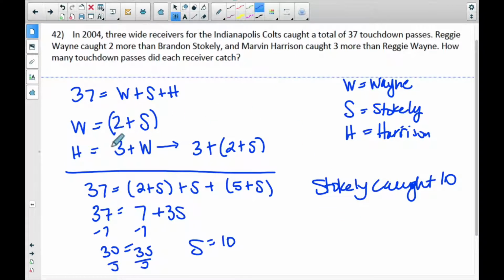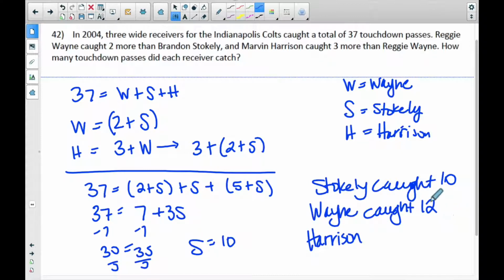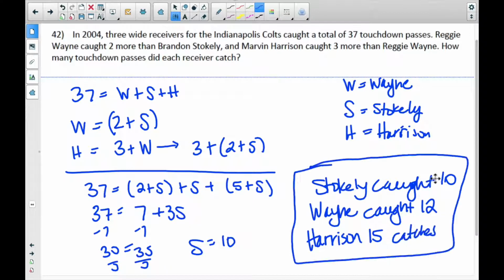Reggie Wayne was 2 more than that, so he caught 12. And Marvin Harrison caught 3 more than Wayne, so that is 15. One last thing you could do to check your answer is, do all these add up to 37? And yes, they do add up to 37.